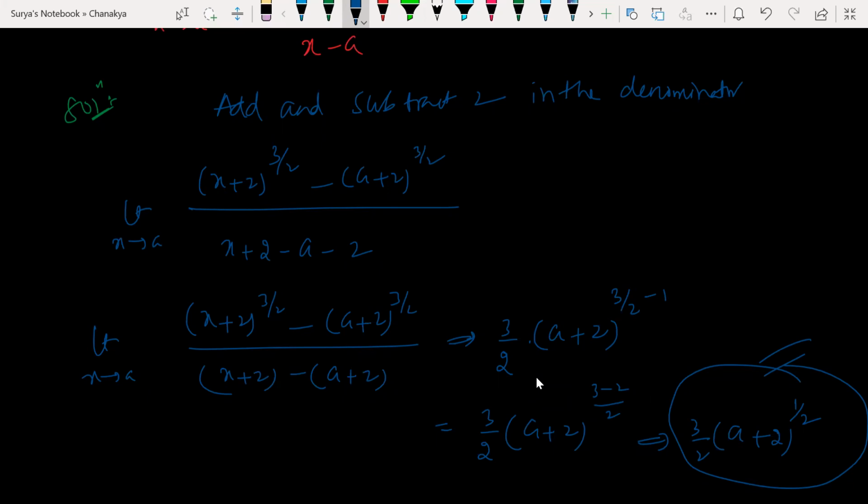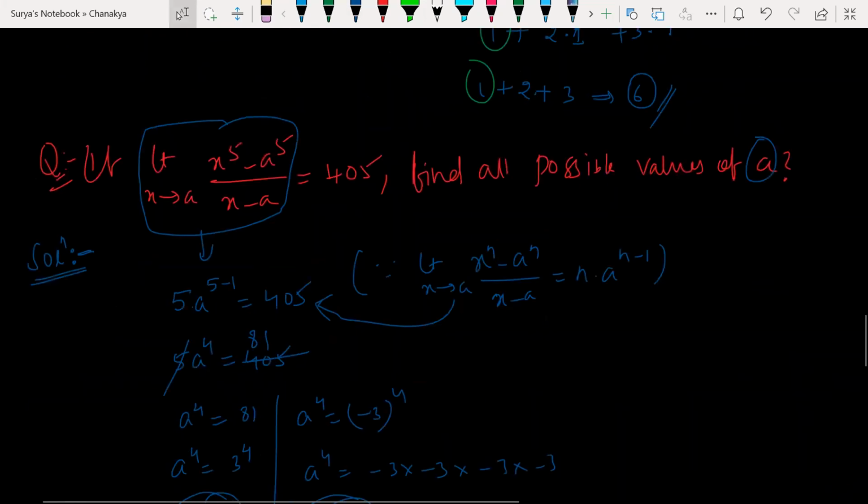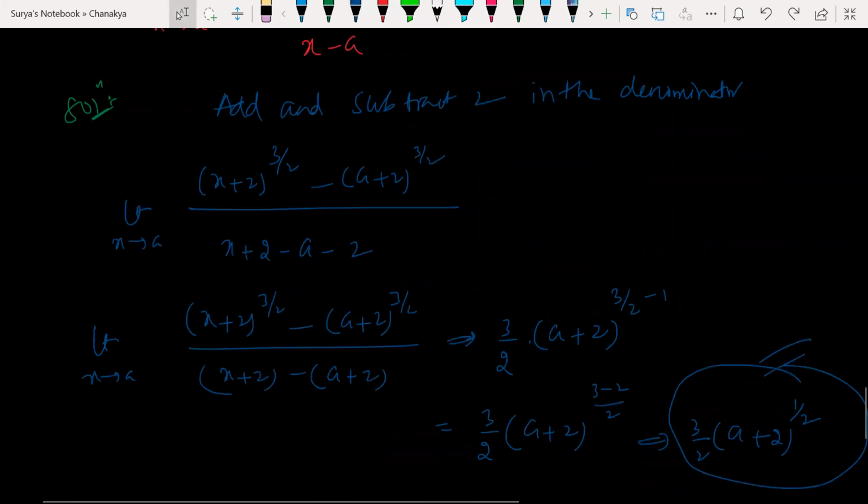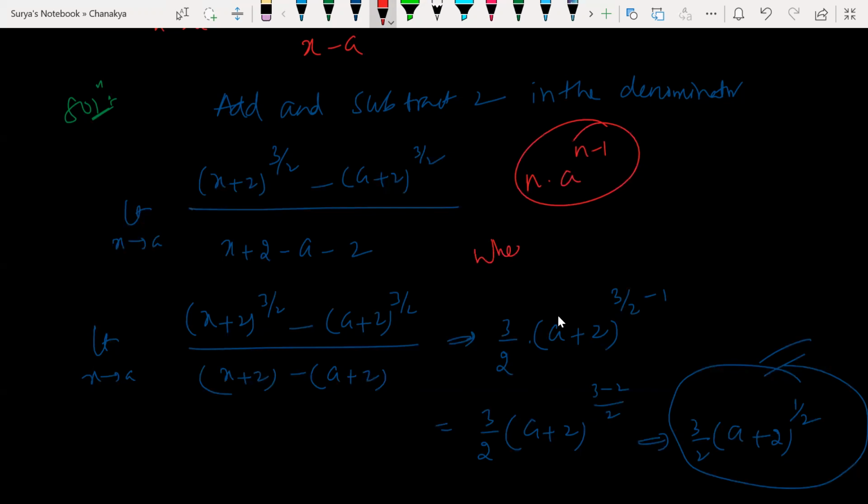Arey yaar, the formula. What is the formula? The formula is n into a to the power of n minus 1, where n is equal to 3/2. So n into a is what here? This is the a value, isn't it? a plus 2 is a, so a plus 2 to the power of 3/2 minus 1.